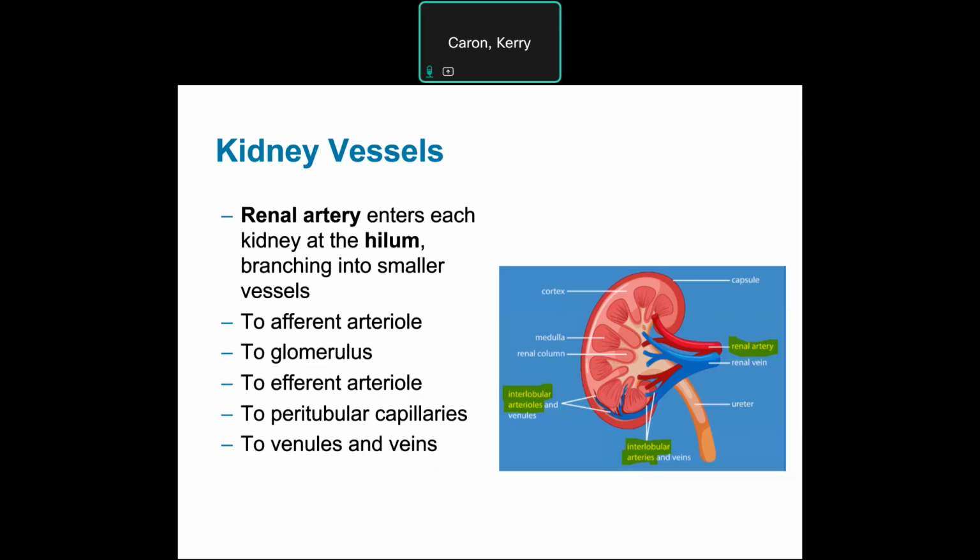From the capillaries there, they exit via the efferent or exiting arteriole, also the peritubular capillaries, and some reabsorption can happen there, which will also then become venules, medium sized, to veins, and then exit out the renal vein from the kidney at the hilum.